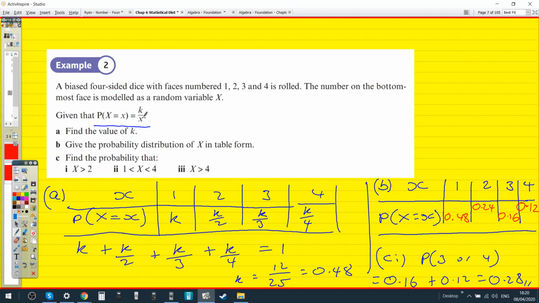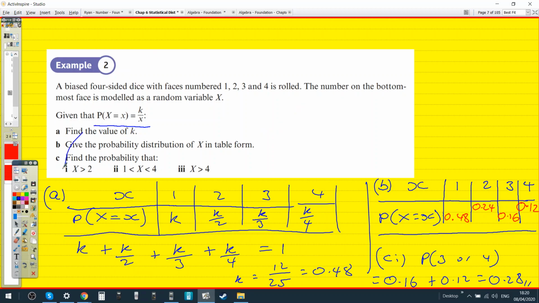So this little beauty is like a formula that gives us all the probabilities. So 1 is k over 1, probability of 2 is k over 2, probability of 3 is k over 3, 4 is k over 4. And to figure out what k is, you would just add them up, make it equal to 1, and solve it. Any questions about that?